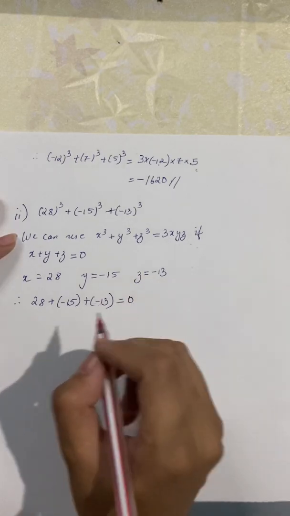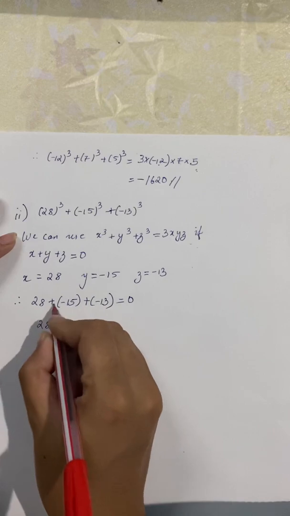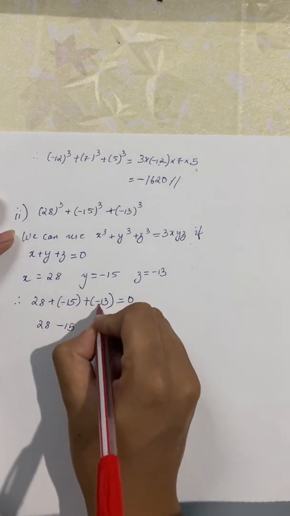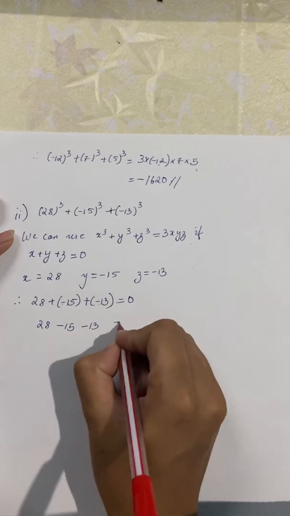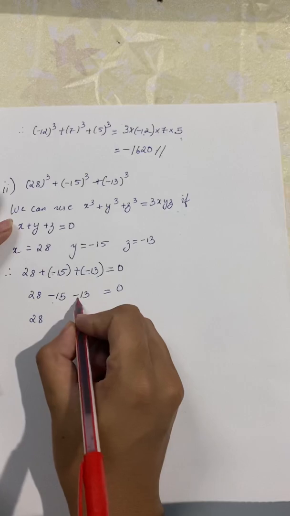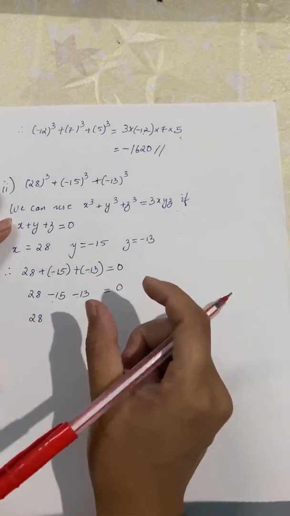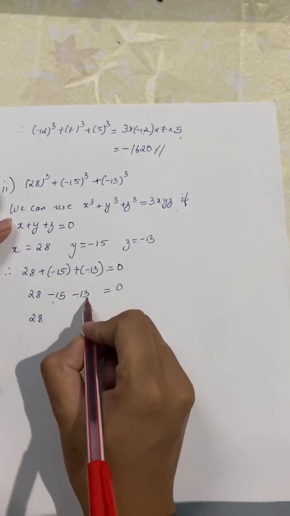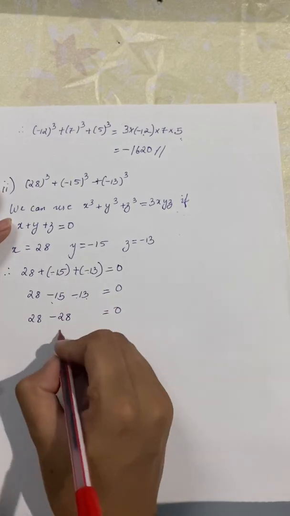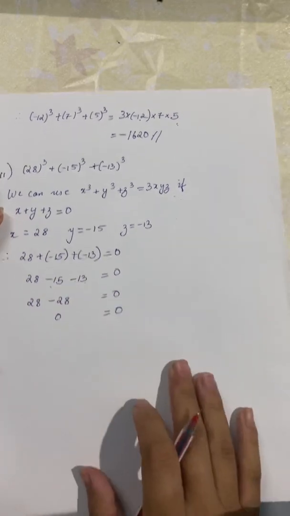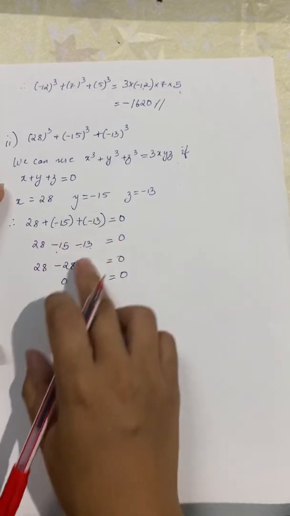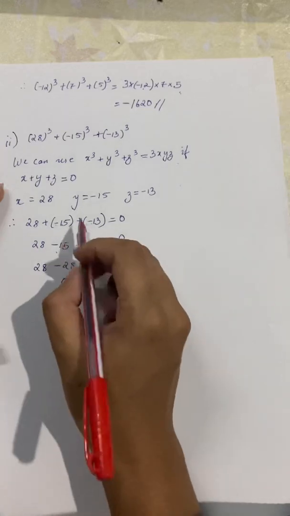So 28 plus minus becomes minus 15, plus minus becomes minus 13. These are both minus minus, so you can add them up. So minus 15 minus 13 is minus 28, and 28 minus 28 is equal to 0. So 0 equal to 0. Clear? Since we got that x plus y plus z is equal to 0, therefore we can proceed.